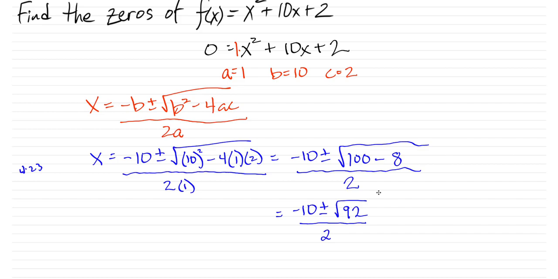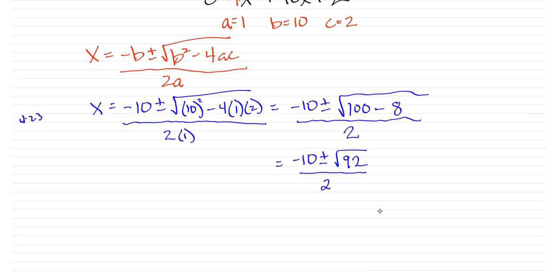So I'm going to simplify the square root of 92. I'll write it out for you, but if you want to do things in your head, that's fine too. I'm going to break it up into 4 and 23, because 4 is the only perfect square that goes into it.